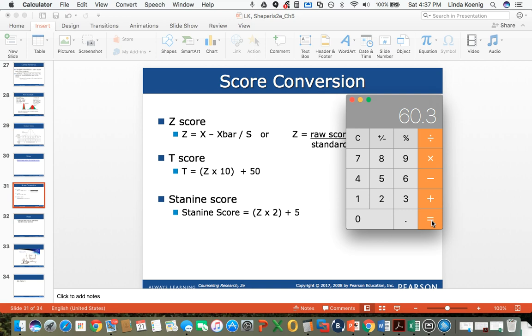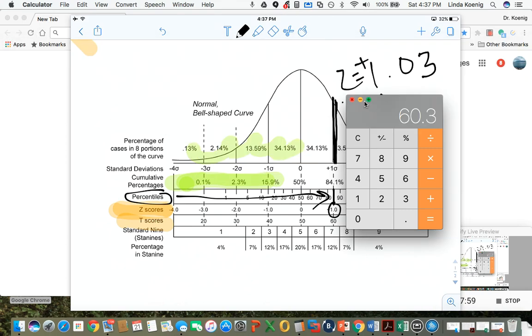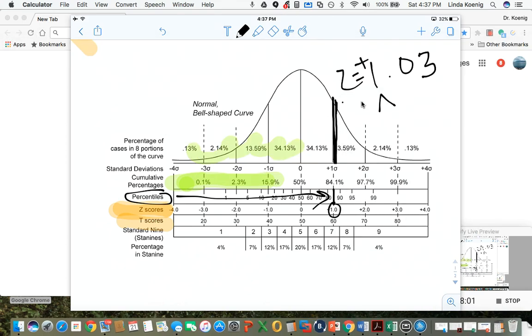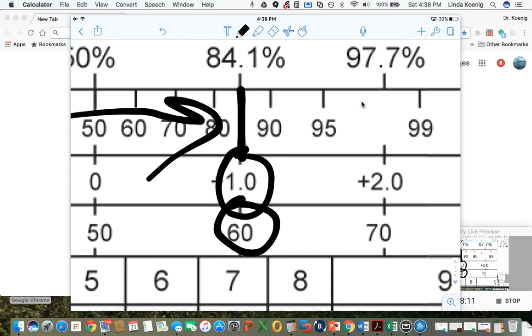So our t-score is 60.3. Now let's look back over here. When we were looking at our t-score, we said it's going to be right here, right at the 60 mark.